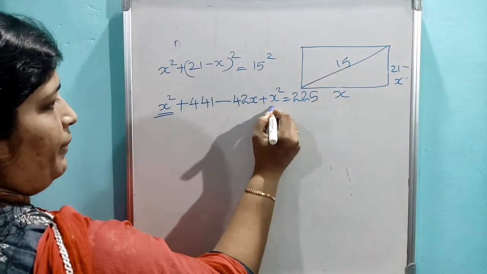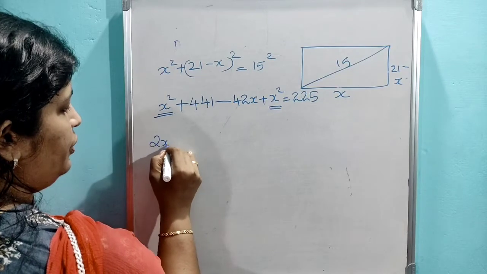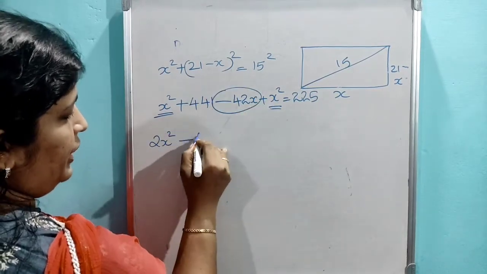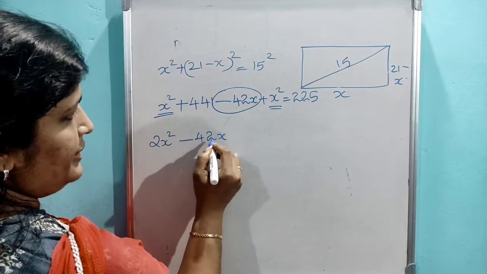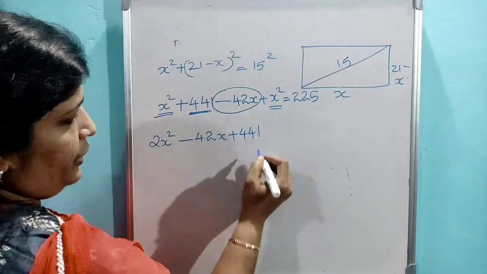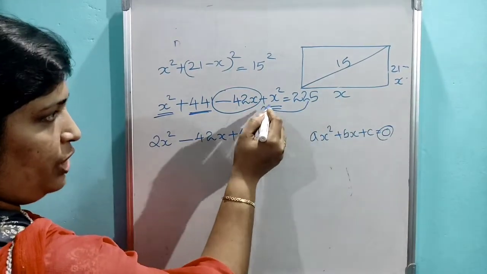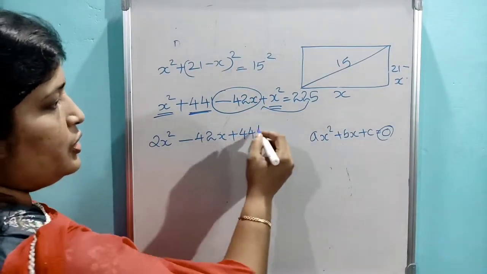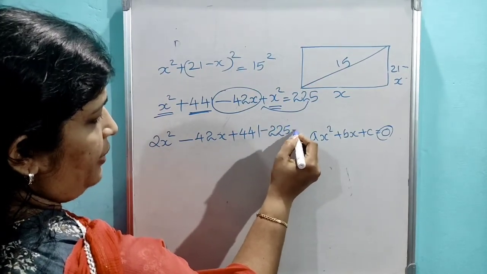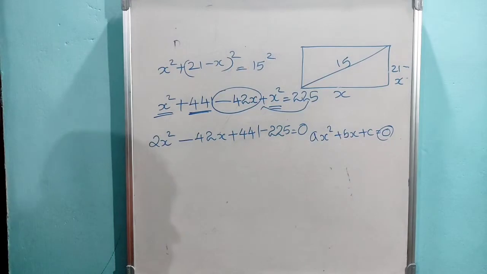Then we can combine the x square terms. So we have 2x square minus 42x, plus 441, and we move this 225 to this side, so minus 225, equal to 0.